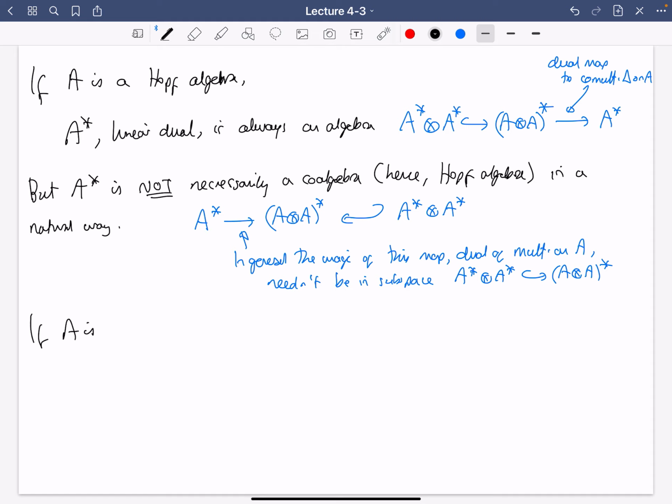If A is finite dimensional, no worries. Then that's actually an isomorphism by dimension. And so you see in this case that the dual of a finite dimensional Hopf algebra is again a Hopf algebra via this construction. Okay, so example.